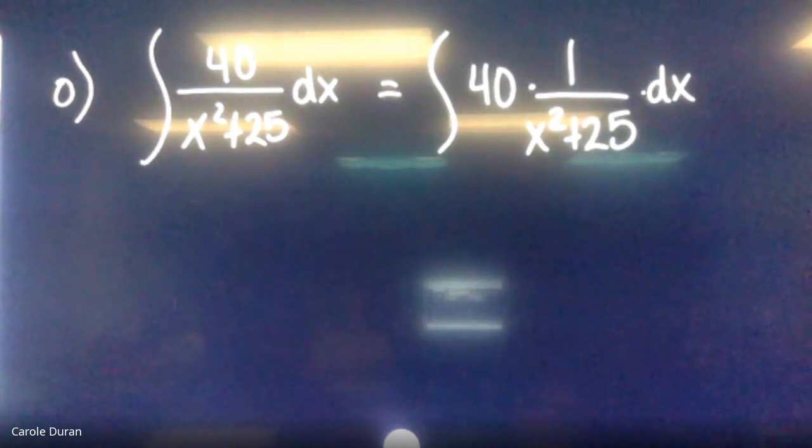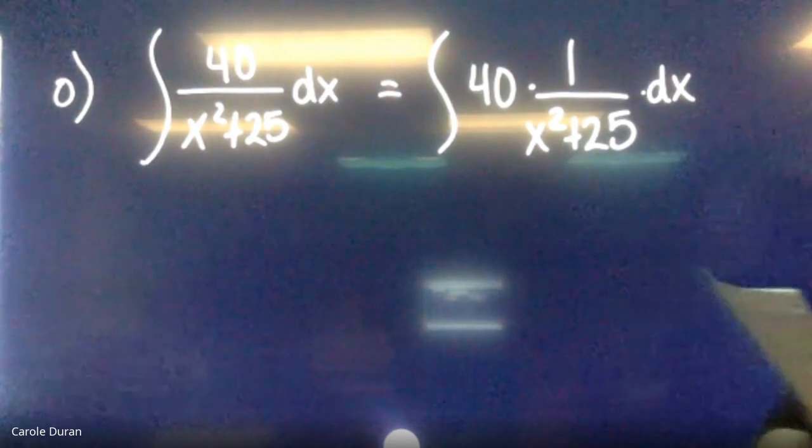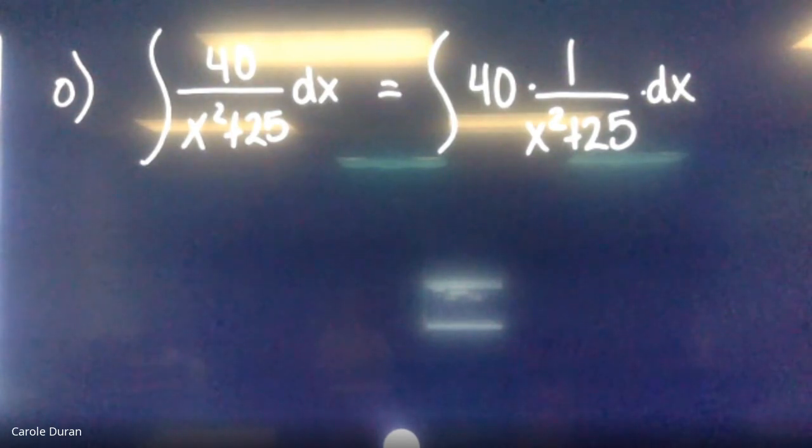Everybody look at your inverse trig function derivatives. Tangent. Well, inverse tangent is 1 over x squared plus 1.